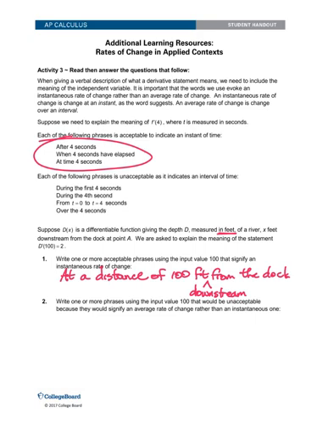On number 2, we want to write one that would be unacceptable because it implies an average rate of change instead of instantaneous. So we might say in the first 100 feet of river downstream from the dock. This is kind of awkward.